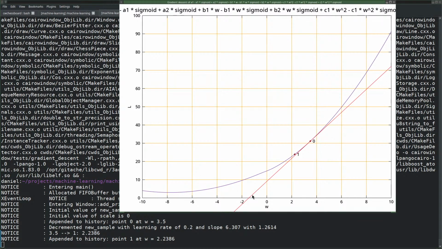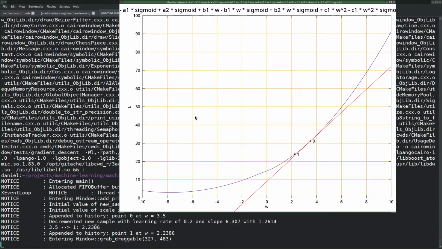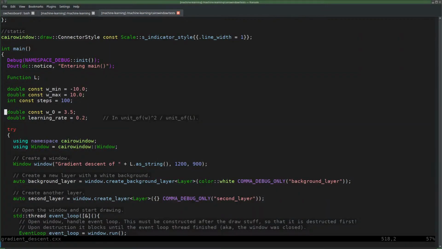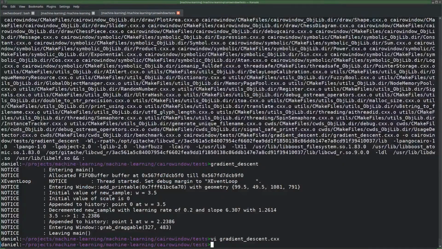It doesn't even look like a parabola, this one. Okay. Let's halve this value and maybe even move it up a little bit. Let's start at 5. Starting learning rate a tenth.